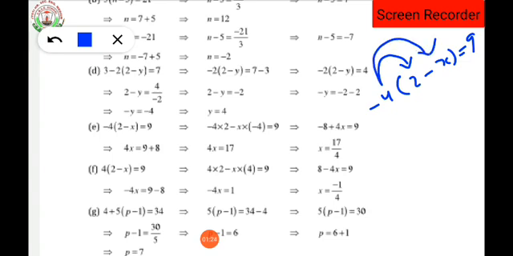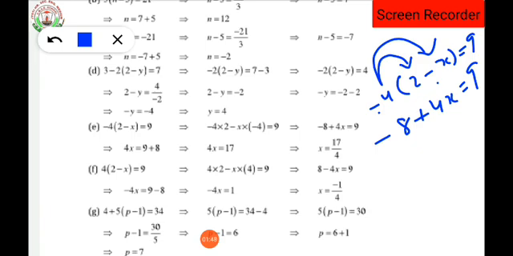So minus 4 into 2 will be minus 8. Then minus and minus become plus, and 4 into x is 4x, equals 9. Have you understood? In the previous video I also explained that whenever any number is present outside the bracket, that number will multiply with every term inside the bracket with its sign.